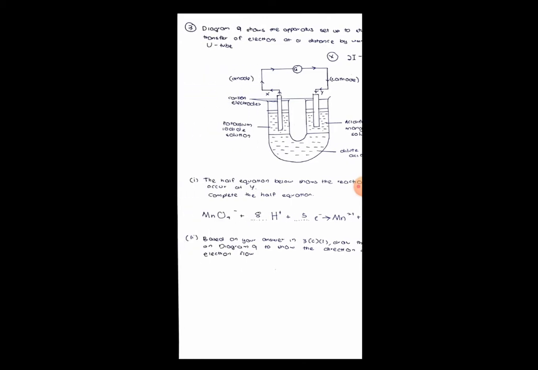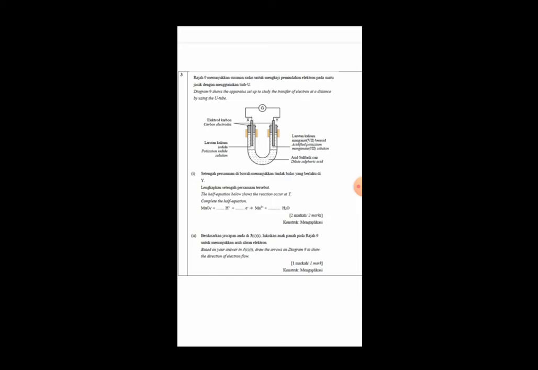So question number 2. Based on your answer in 3C1, draw the arrow on diagram 9 to show the direction of electron flow. First, we must know that electrons flow from the anode to the cathode, which is from the negative terminal to the positive terminal.